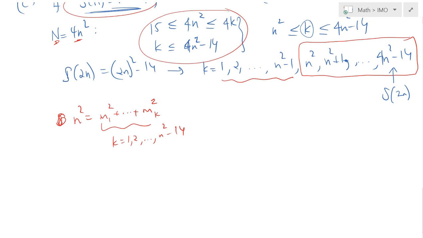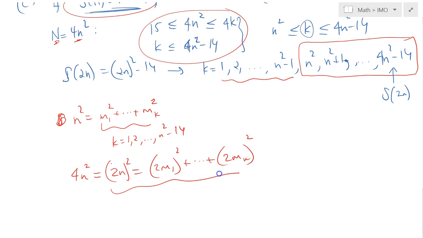But then I will do the following smart move. I just realized that 2n squared is equal to 2m1 squared plus, plus 2mk squared. So therefore it is obvious that it will work as well for 1, 2, all the way to n squared minus 14. So I covered a bunch of other terms here. All the way to n squared minus 14 are also covered. Check, check.